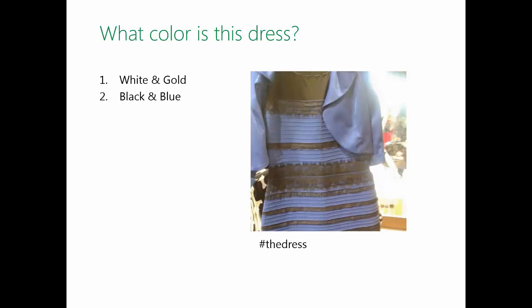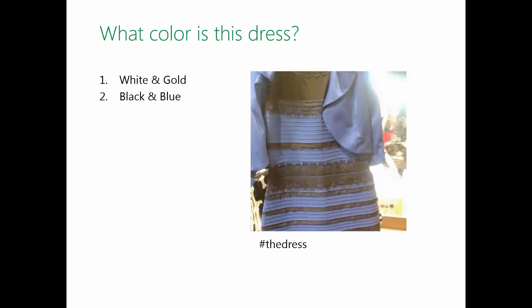How come 35% of you were thinking that this is white and gold, which is completely the opposite color from black and blue? How come? Color is a tricky part.